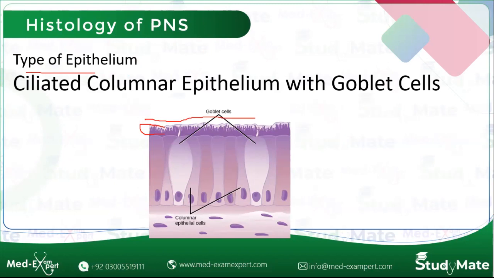They are columnar type of epithelium, and here you can see goblet cells which are responsible for secreting mucus. So what is the type of epithelium of paranasal sinuses? It is respiratory type of epithelium which is ciliated columnar epithelium with goblet cells.